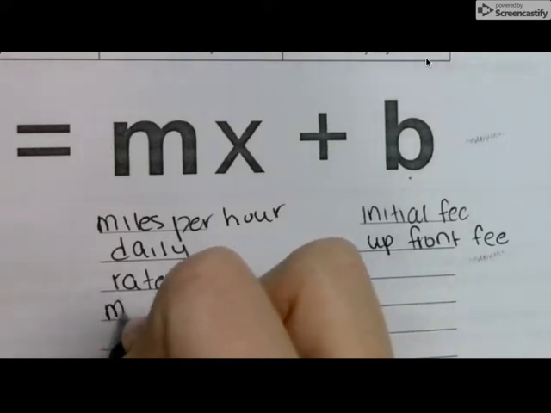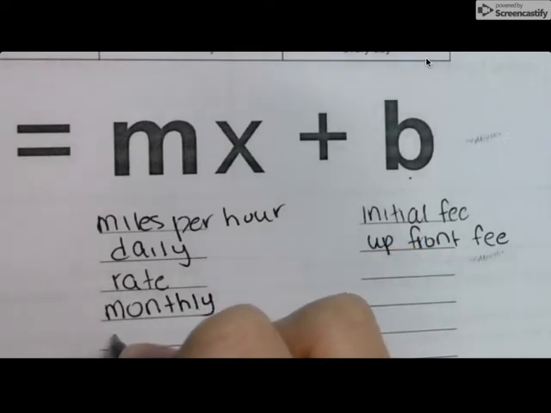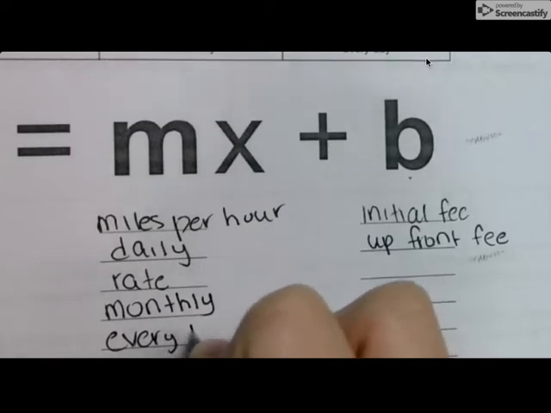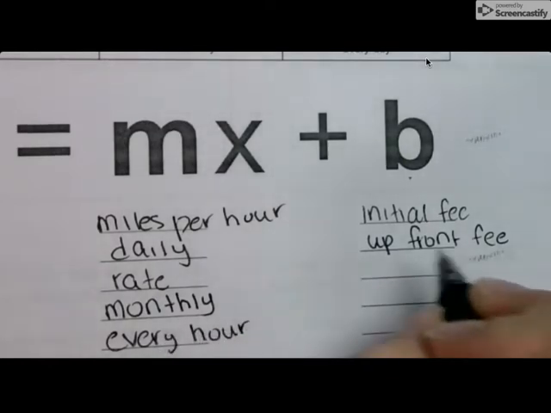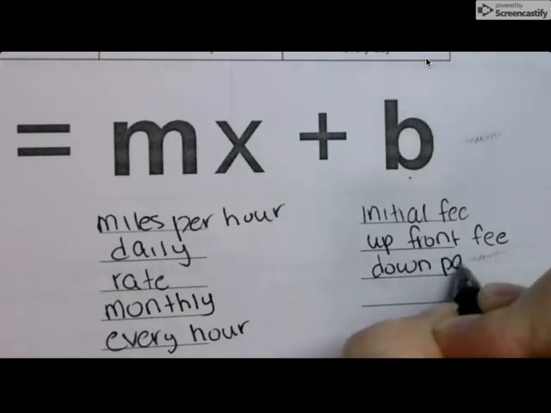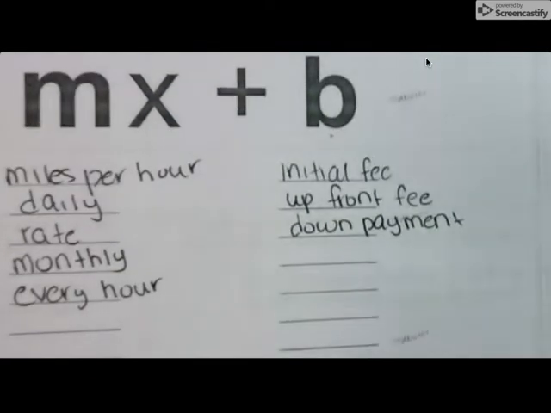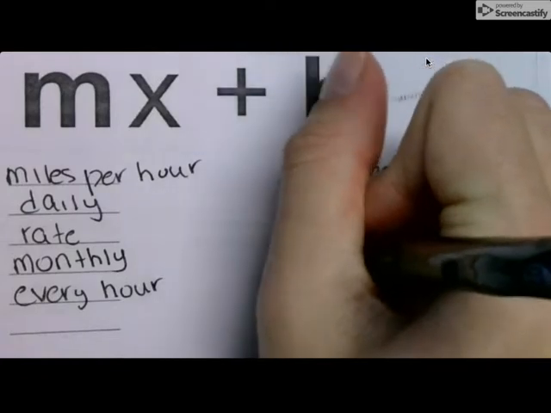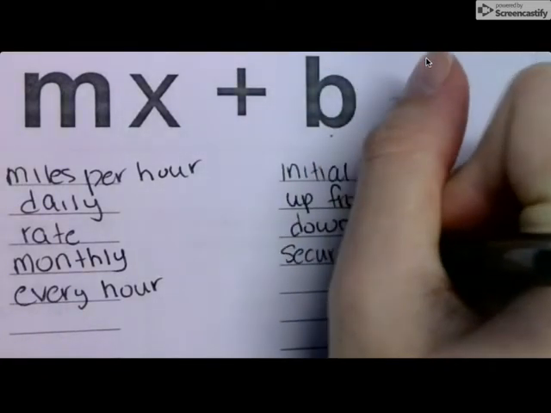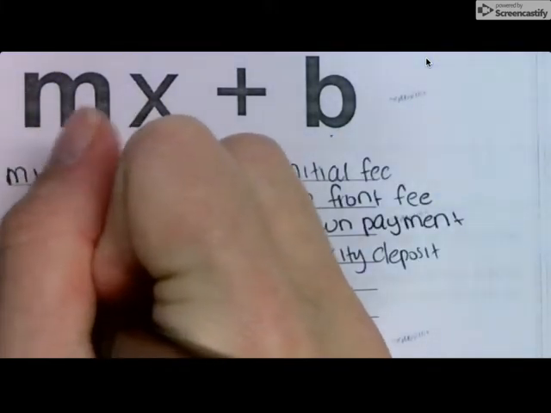So, monthly, we're going to put in the M. We're going to put every hour in the M. We are going to put down payment in the B. We are going to put security deposit in the B. Each day will be in the M.